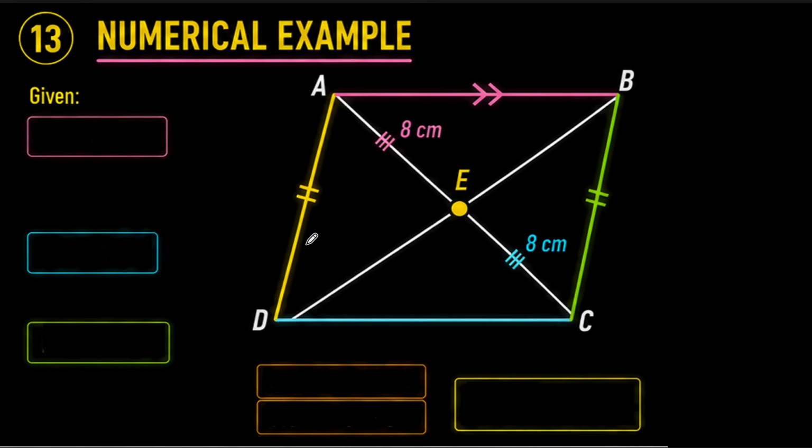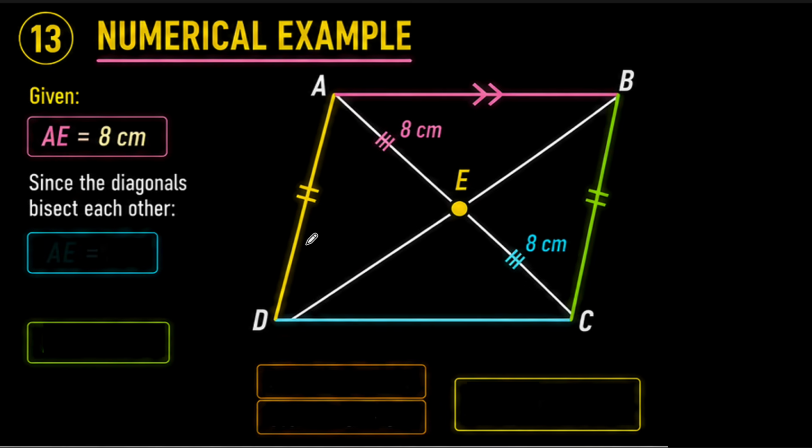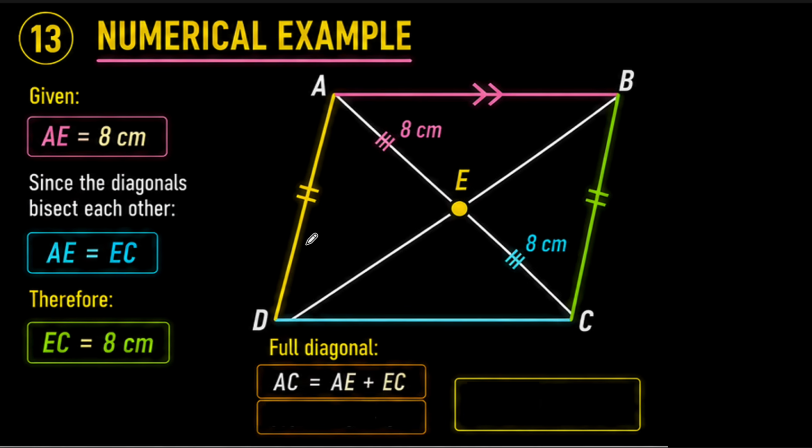So, now, given the fact that we have AE, 8 centimeter, since the diagonals bisect each other, ang AE natin is equal to EC. Therefore, ang EC natin, alam natin na ang sagot is 8 centimeter as well. So, kung gusto mong kunin yung full diagonal, i-add mo lang yung dalawang yon.